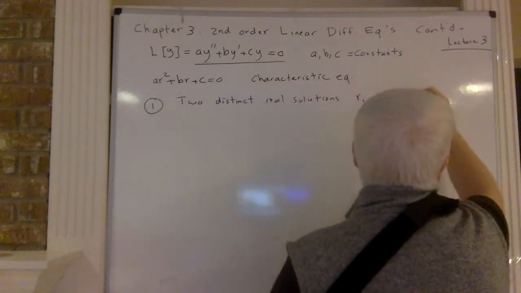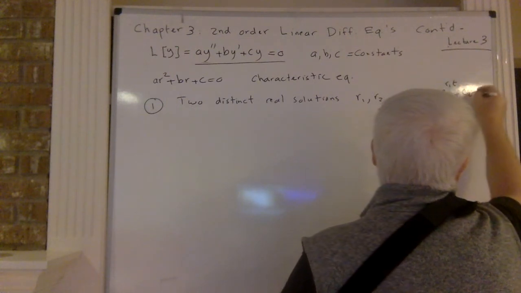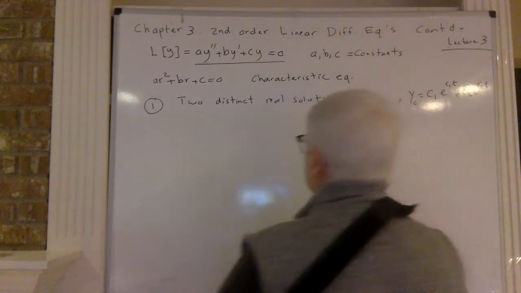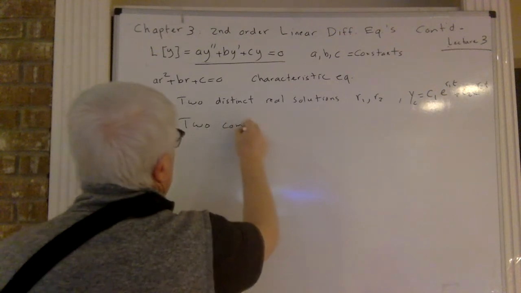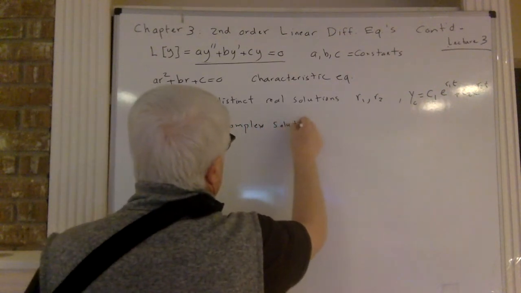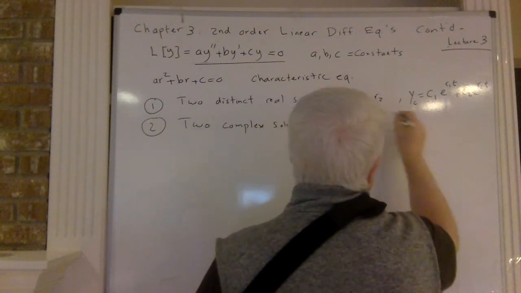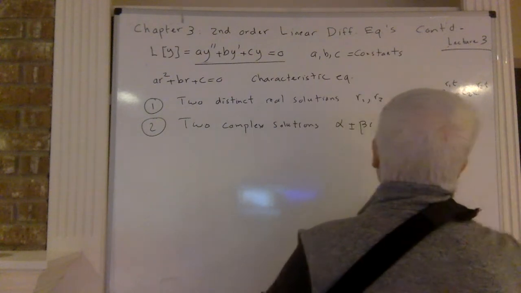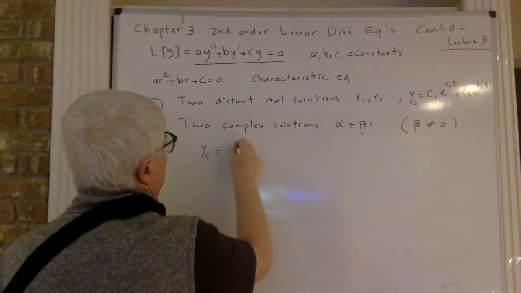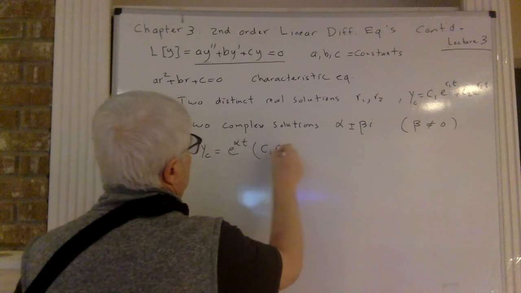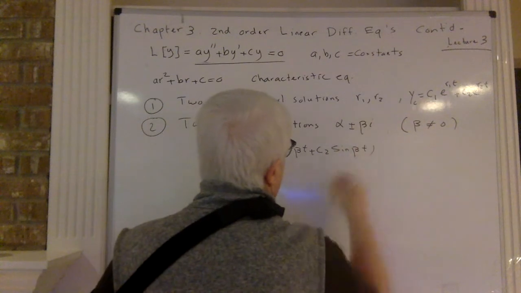So y complementary is c1 e to the r1 t plus c2 e to the r2 t. Case 2 is two complex solutions of the form alpha plus minus beta i, and here beta is not 0, alpha can be 0, and that gives me a yc of e to the power alpha t, c1 cosine beta t plus c2 sine beta t.